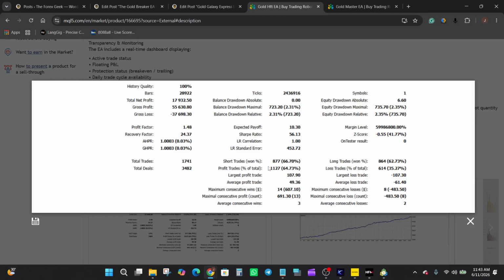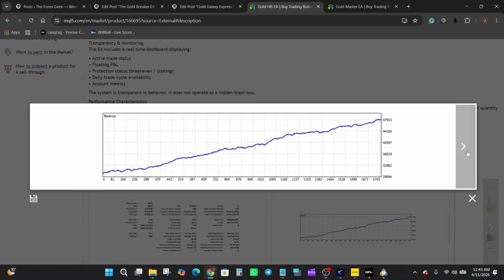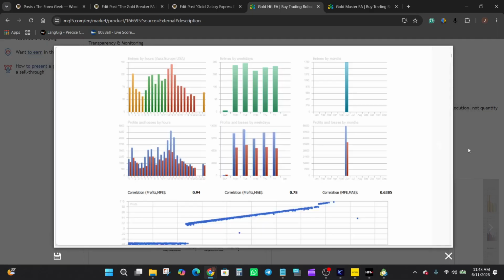Short trades were 877 with a 66.7% win rate. Long trades 864 with a 62.73% win rate. The total number of profitable trades out of 1,741 was 1,127, giving us an overall profitability of 64.73%. All right, the balance curve looks pretty interesting.